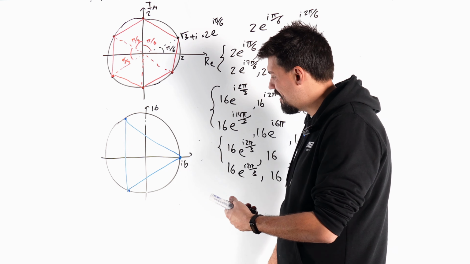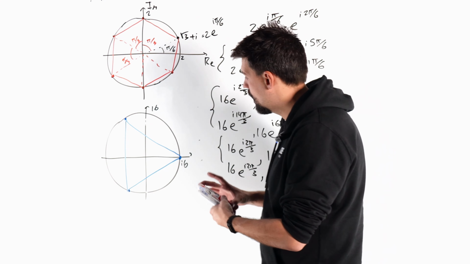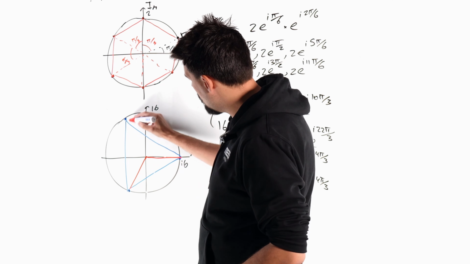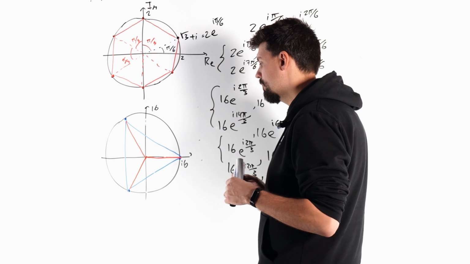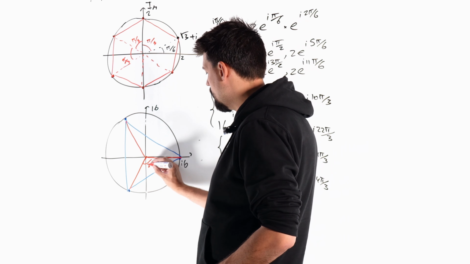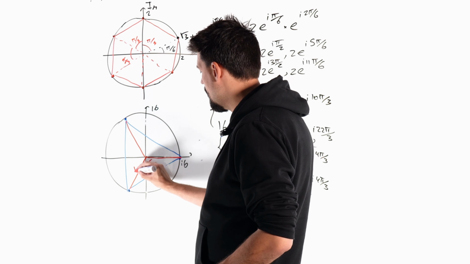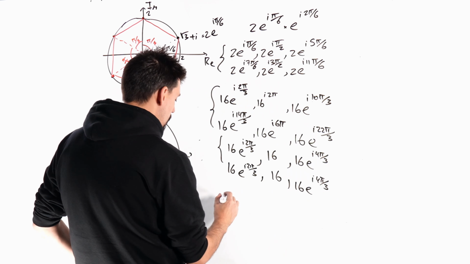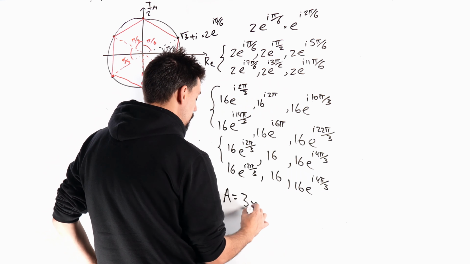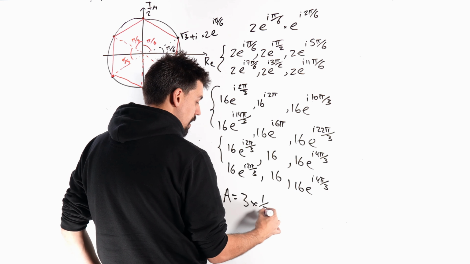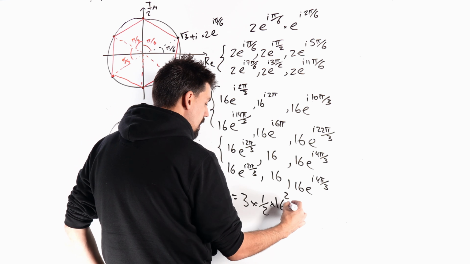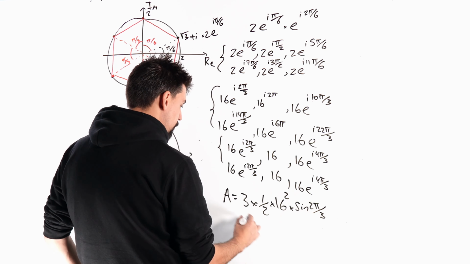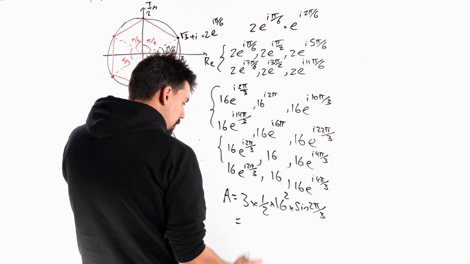Now, the way to find the area of this bad boy is, of course, what we can do is divide it into 3 triangles, each of them with an interior angle there of 2 pi over 3, side length 16. So what do we do? The area is going to be 3 lots of this triangle, and each of those triangles is a half ab sine C. What's that?